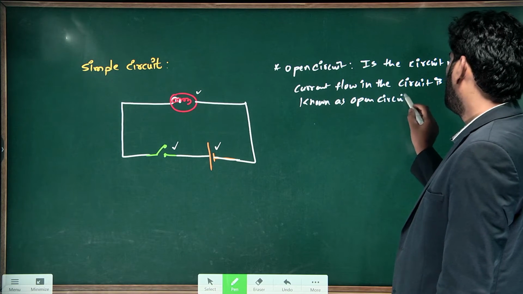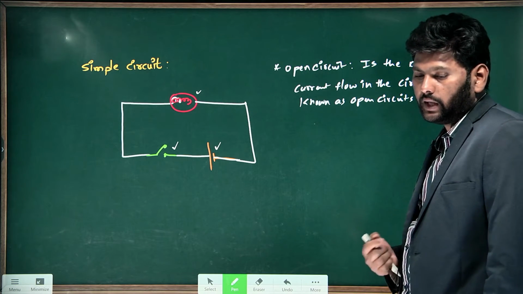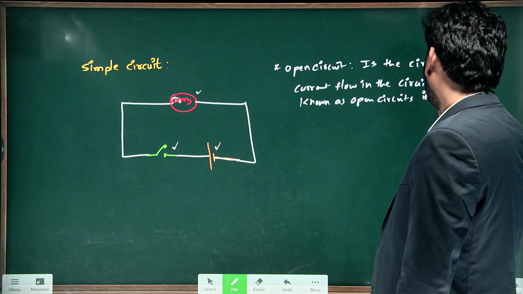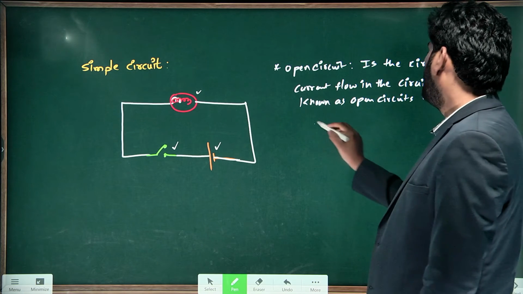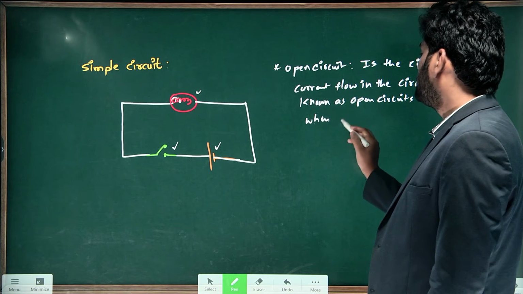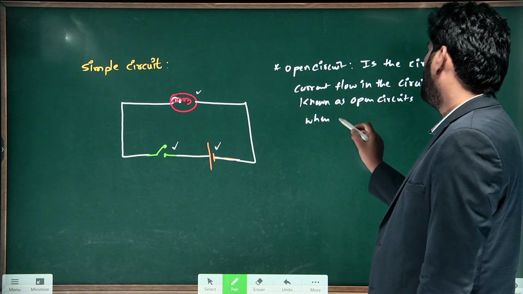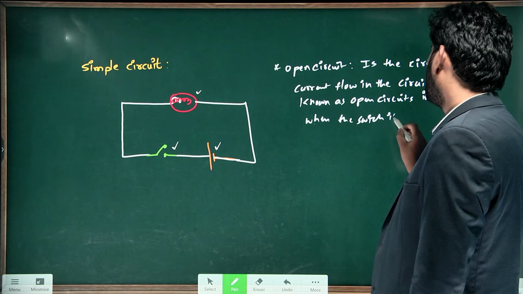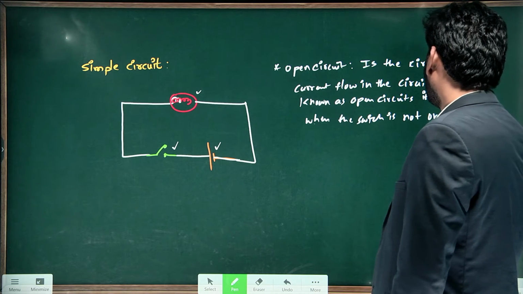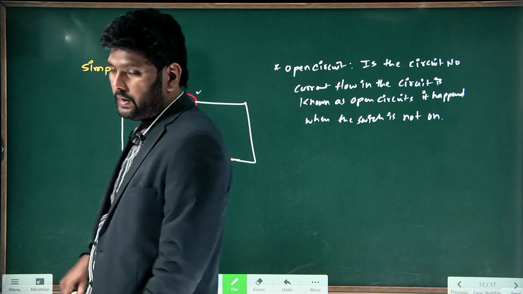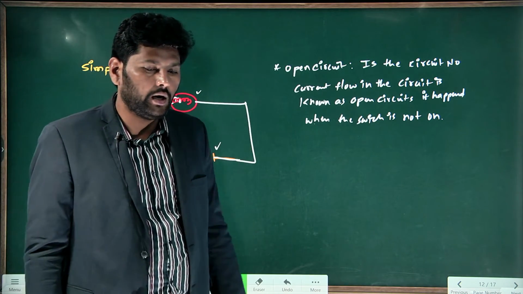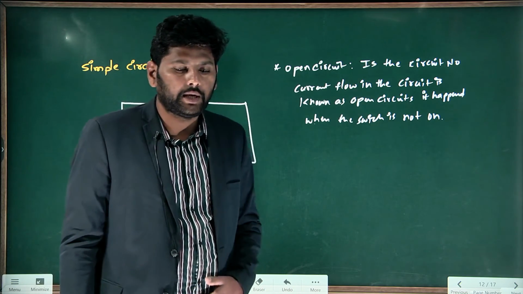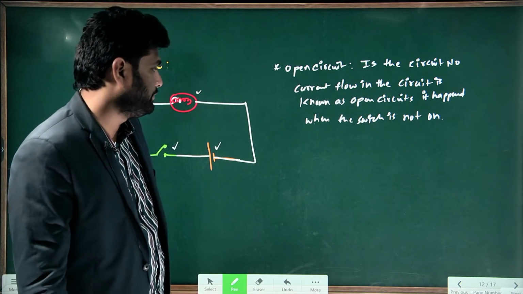Through the appliances, we cannot observe any current, and it happens when the switch is open, when the switch is not closed, not on. When the switch is not on, no current is observed in the circuit. That is known as open circuit.